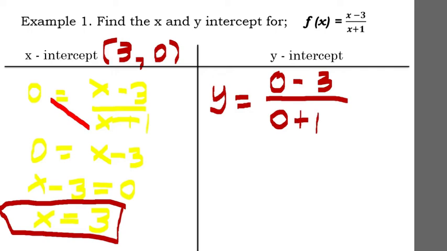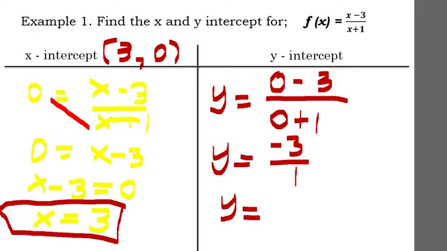So y is equal to 0 minus 3 is negative 3, over 0 plus 1 is equal to 1. Dividing negative 3 by 1, the quotient is negative 3. So y is equal to negative 3.